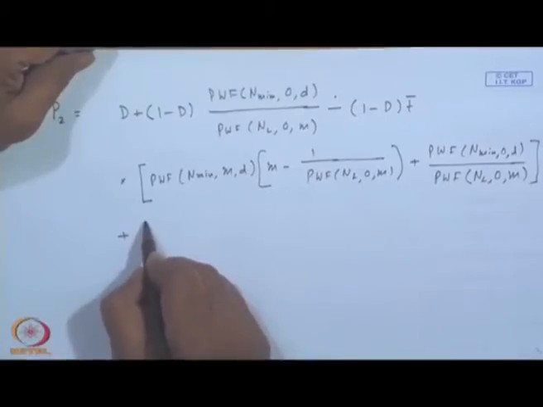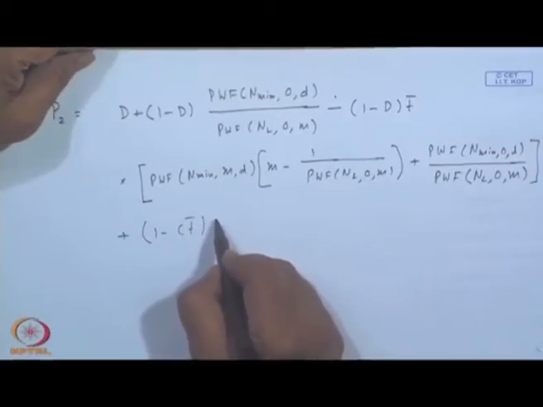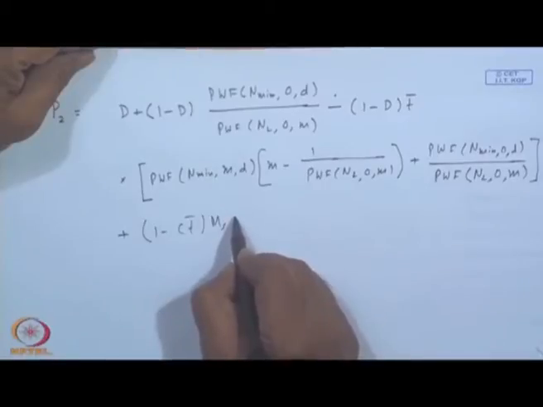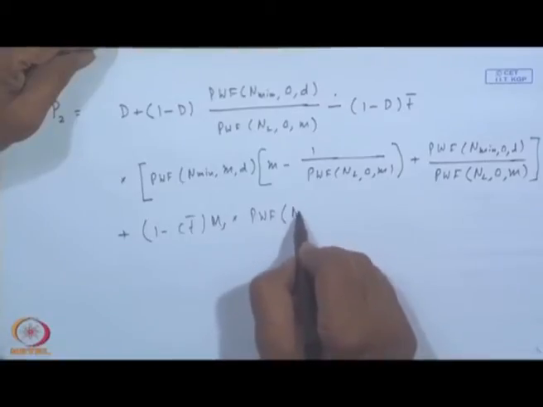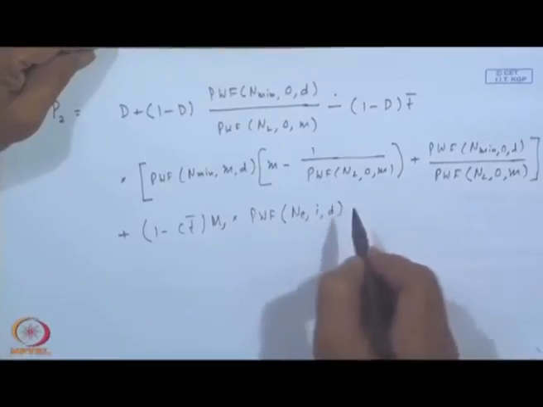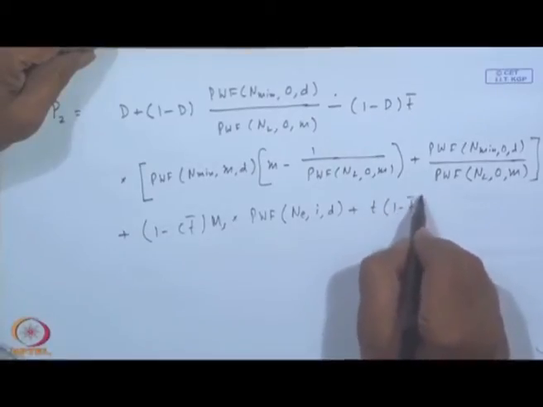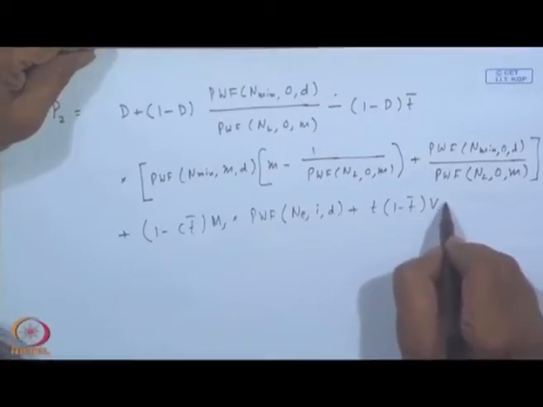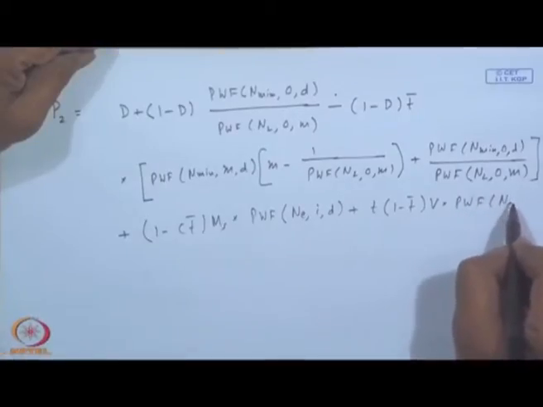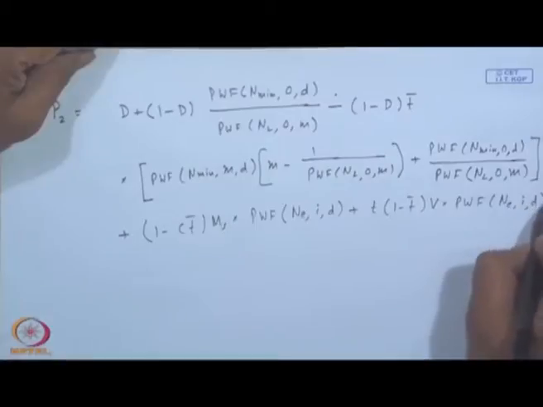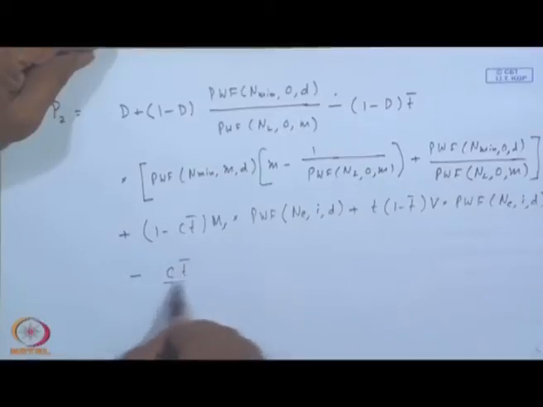Plus 1 minus C t bar times M s into present worth factor of N e I, d plus t, not t bar, 1 minus t bar times V into present worth factor of N e I comma d minus C t bar.